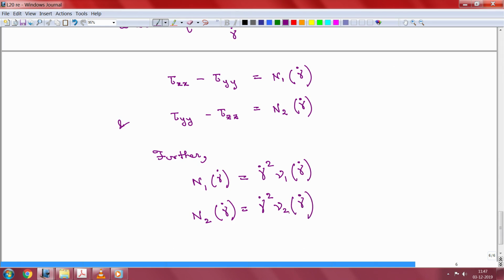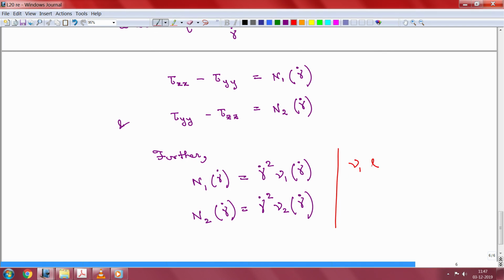Okay. So, now see, mu 1 and mu 2 are two new functions that we have introduced. So, n1 and n2, which were the normal stress differences, are now being expressed in terms of some mu 1 and mu 2, right. So, we have two functions here. Okay.